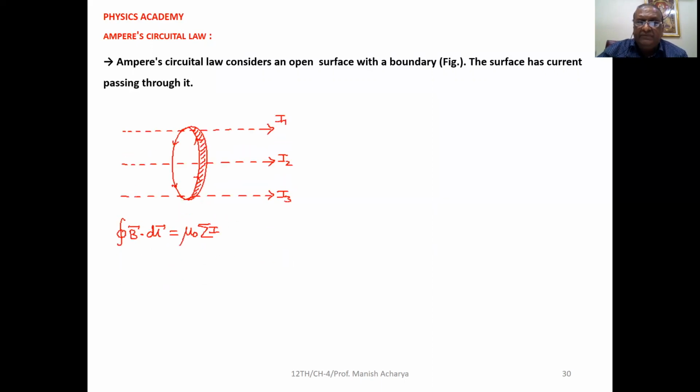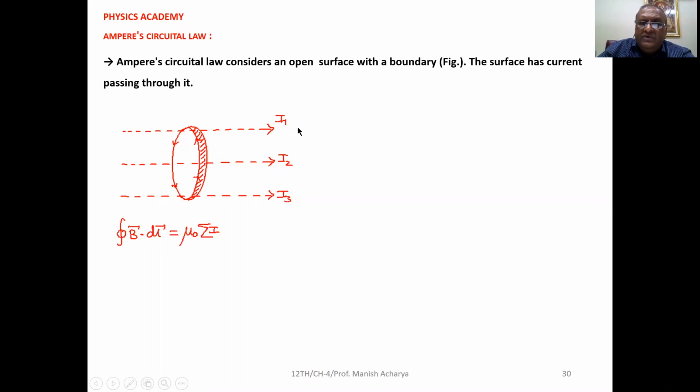Now see here, suppose as shown in this figure, through the surface with this boundary, the currents passing are I1, I2 and I3.